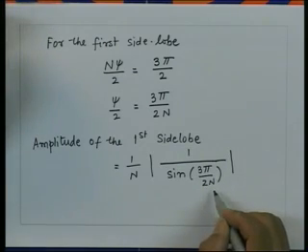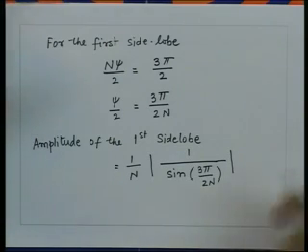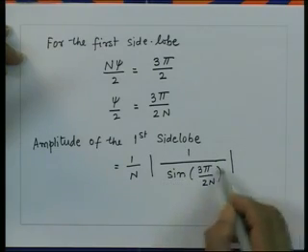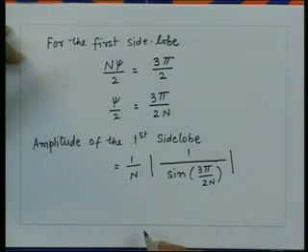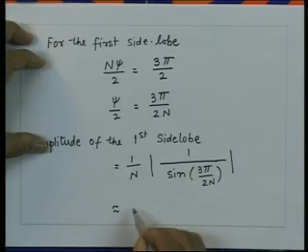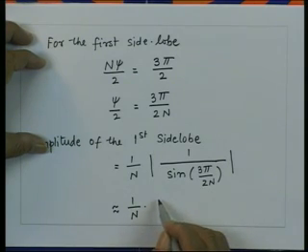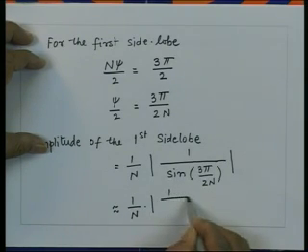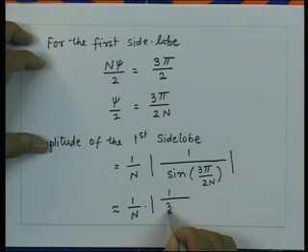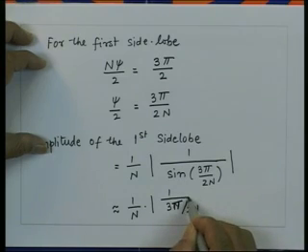Now, if I consider an array which is large, that means n is large, this thing can be approximated by sin theta equal to theta. So, approximately I can say this is equal to 1 upon n into mod of 1 upon 3 pi upon 2n.